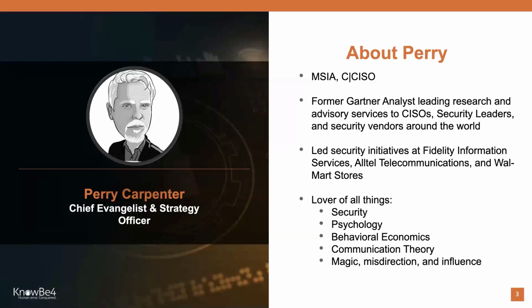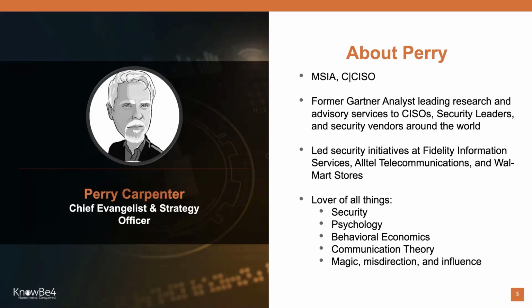Let me back up and tell you a little bit about me. My name is Perry Carpenter. I've been in security for somewhere between 15 and 20 years. I lose track. My passion and my focus for the past 10-plus years of that has been working on the human side of security.